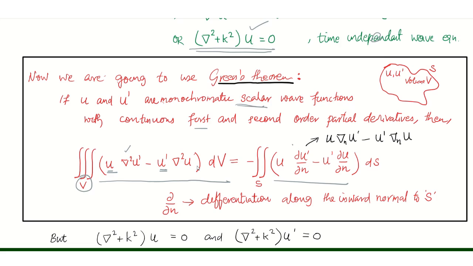Then Green's equation tells us the volume integral of this quantity here will be equal to the surface integral of this quantity here. Here u and u prime are two scalar wave functions.